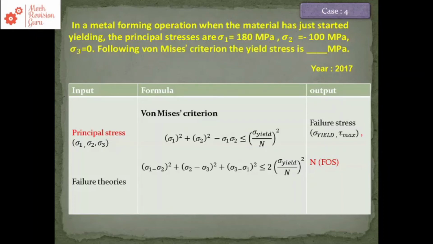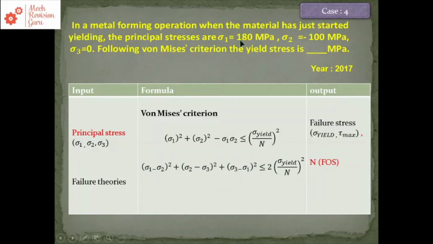Which failure theory you have to adopt for this particular problem to find the yield stress? In the von Mises criterion, there are two formulas. The first formula is for two plane principal stresses. The second one is for the triaxial case, where three principal stresses are there.